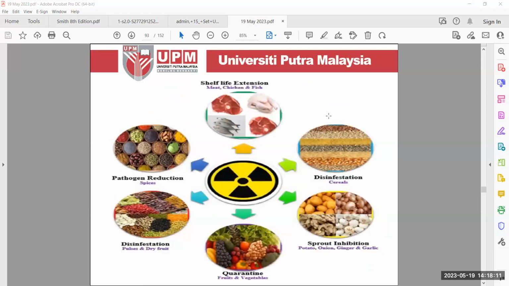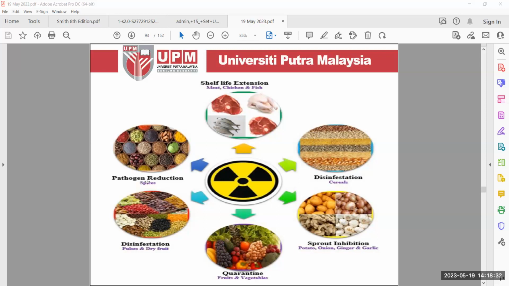So the usage of irradiation is not just to prolong shelf life, but of course for disinfection on cereals and sprout inhibition on potatoes, onions, ginger and garlic, those types of products that can grow after you harvest them. Okay, and what else?